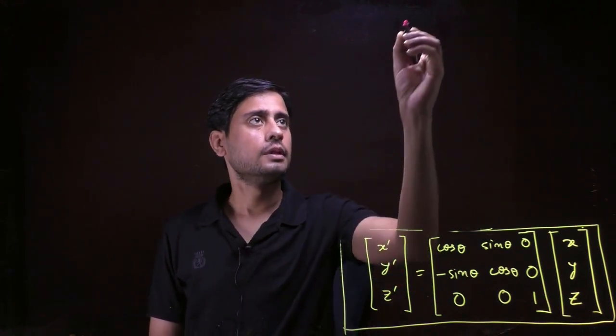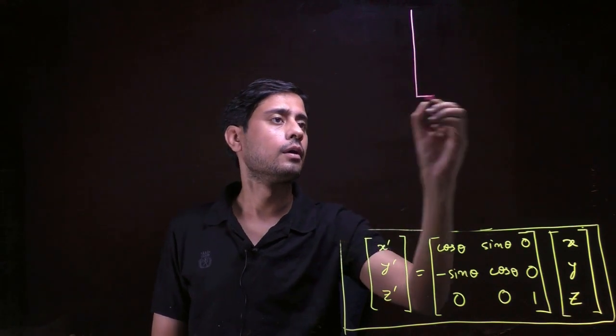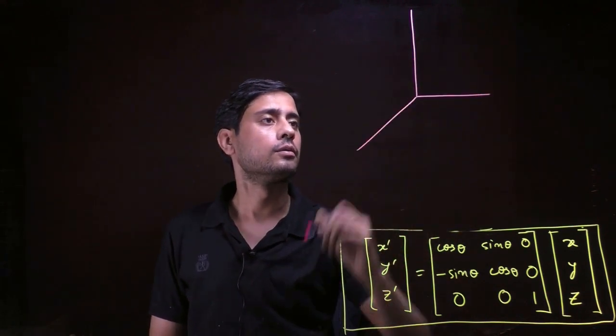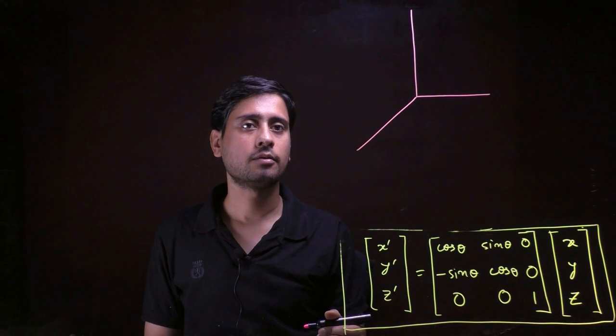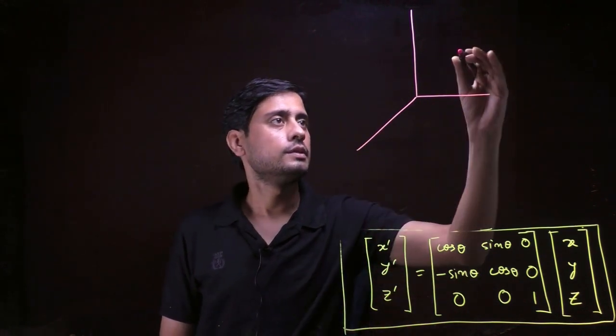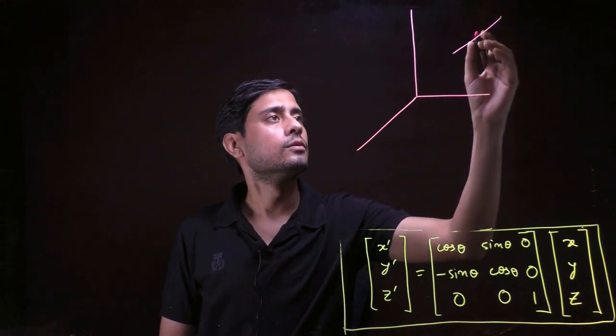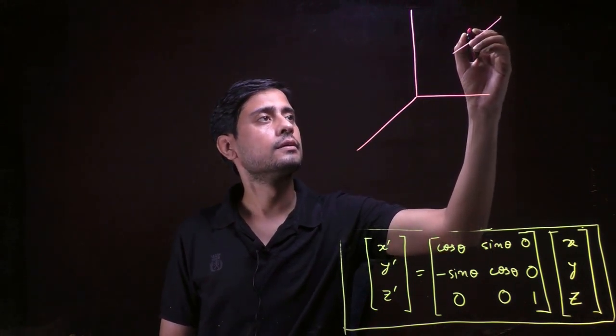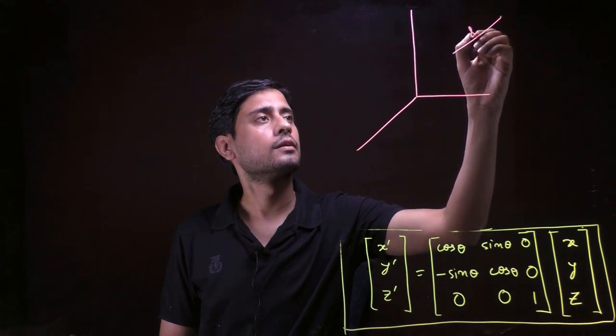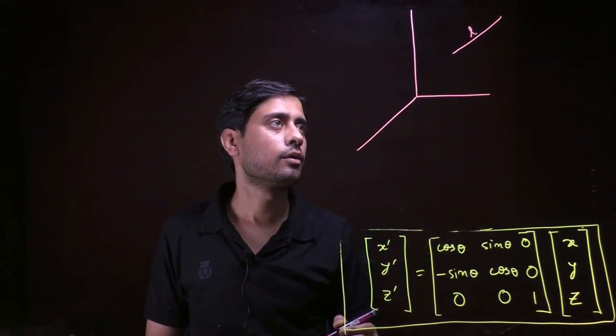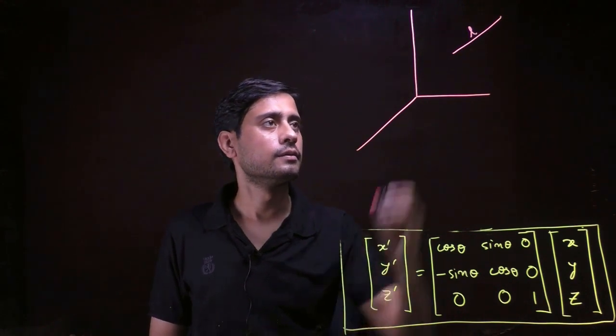Now let's observe how we can find an invariant quantity in a 3-dimensional rotation. Consider a rod whose length is L. You can also take it as delta L.